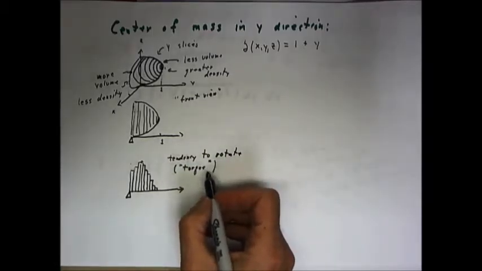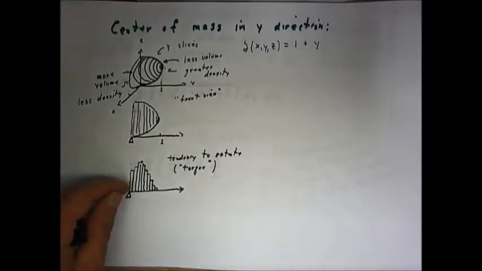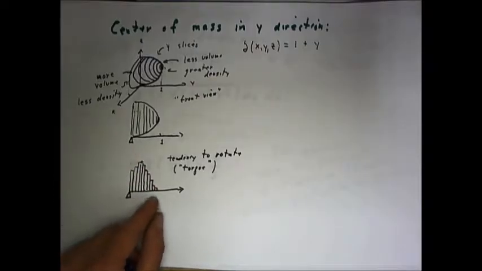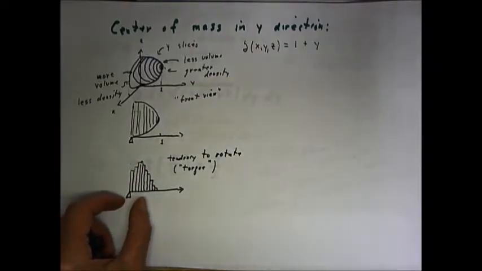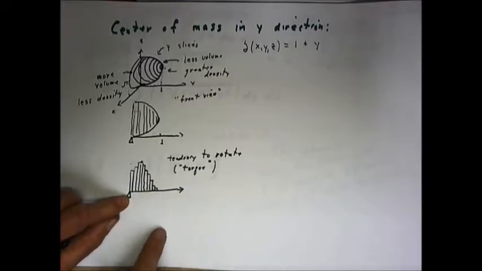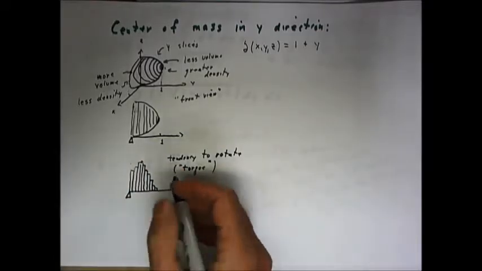The tendency of this thing to rotate is going to depend on the mass in each slice and the position of the slice relative to the fulcrum. The further a mass is from the fulcrum, the more it's going to tend to rotate, but if there's less mass, then there'll be less tendency to rotate.